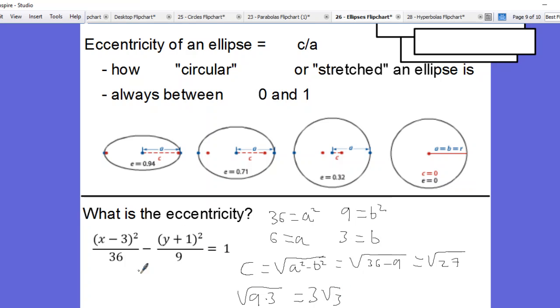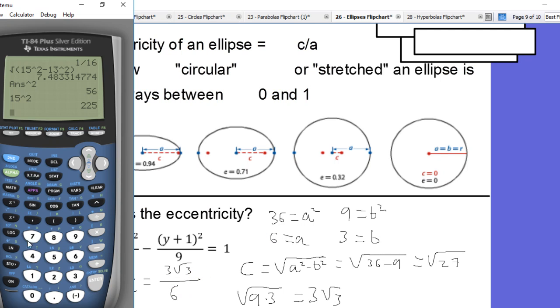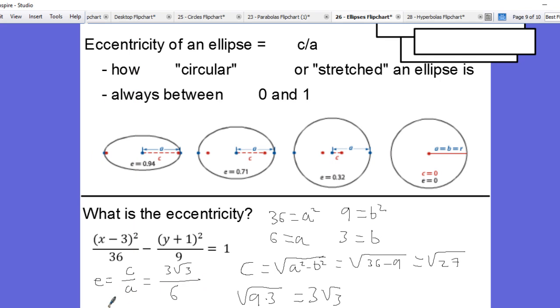So the eccentricity, c over a, is 3 root 3 over 6, which is 0.866, and it also simplifies to root 3 over 2. And now that's the entire ellipse notes.